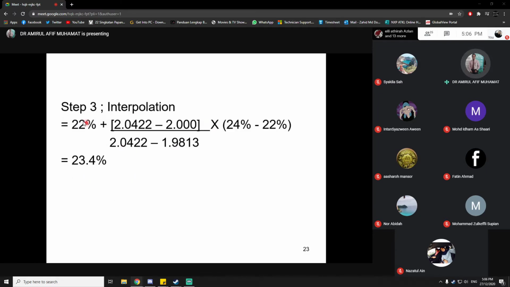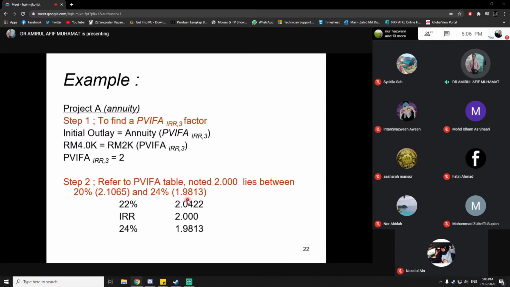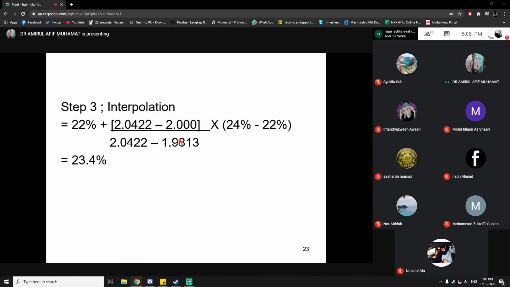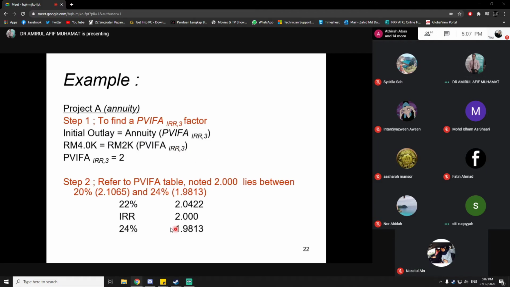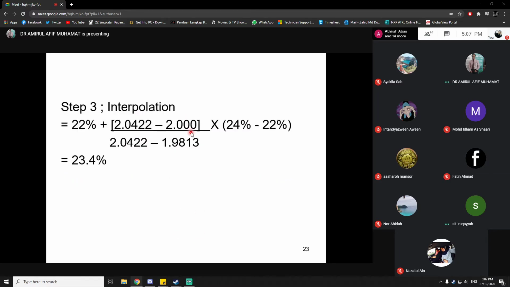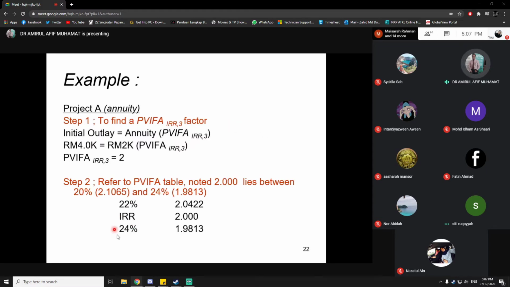So 22% plus the highest factor, 2.0422, minus the middle factor 2.00, divided by the highest factor minus the lowest factor, times the difference between 24% minus 22%, the biggest percentage minus the lowest percentage.